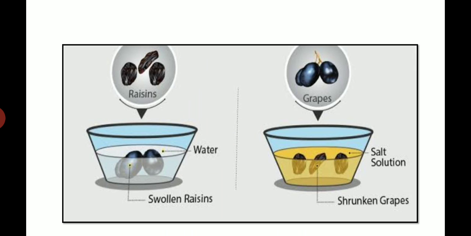That's why water molecules are coming outside the grapes, because they move from a region of higher concentration, inside the grapes, to a region of lower concentration, the salt solution. So this concept is very important.